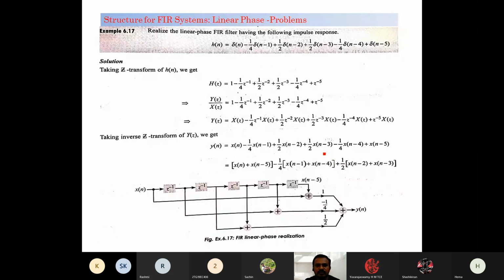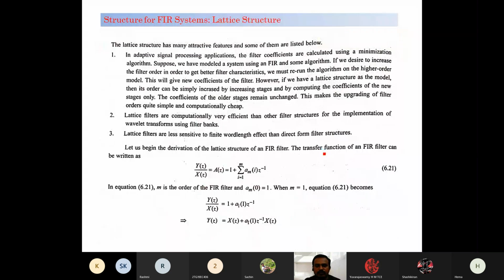How do we resolve this? By retaining the previous structures as they are. Say you are designing for m equal to 1, m equal to 2, m equal to 3. If you increase the order, the structure changes based on even order and odd order. To overcome this drawback of linear phase, we introduce the lattice structures.